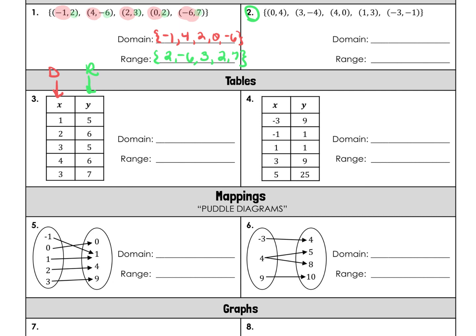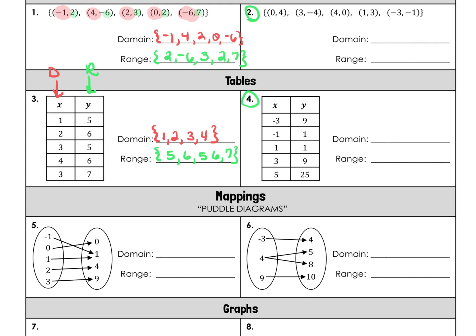So for your domain, it is 1, 2, 3, 4. And the range is 5, 6, 7. And then I'm going to leave this one for you to do.